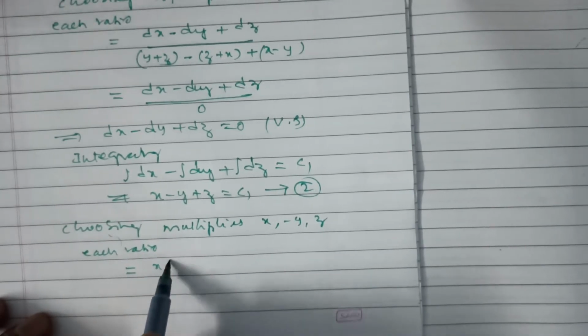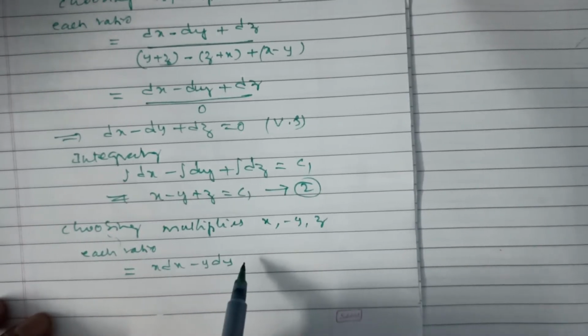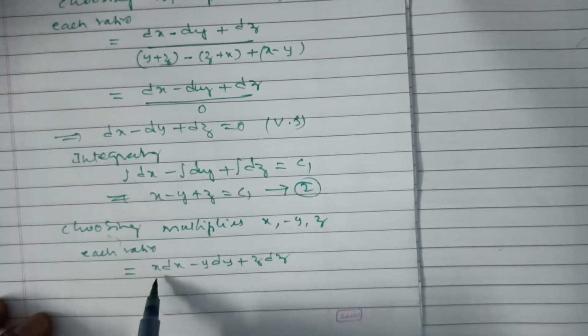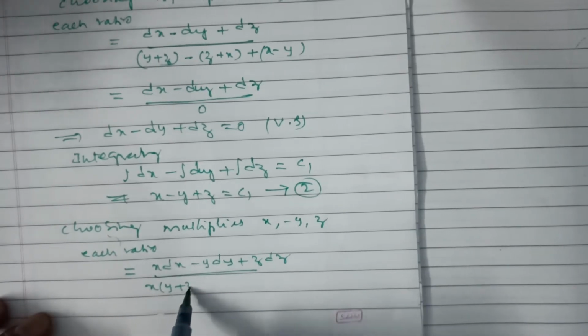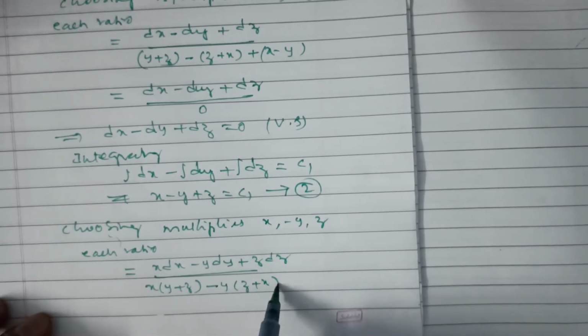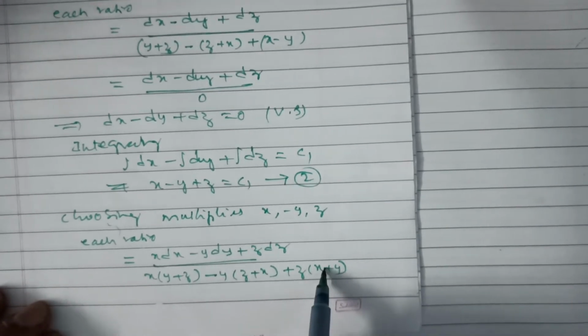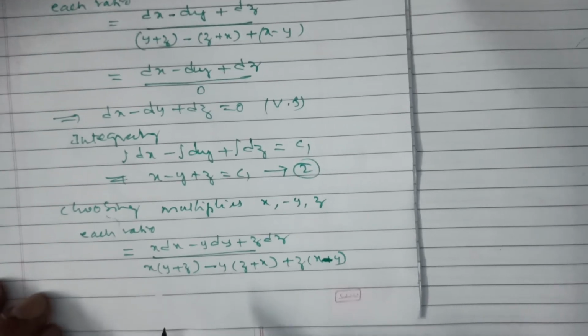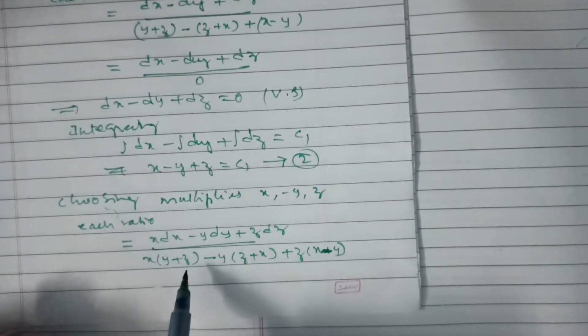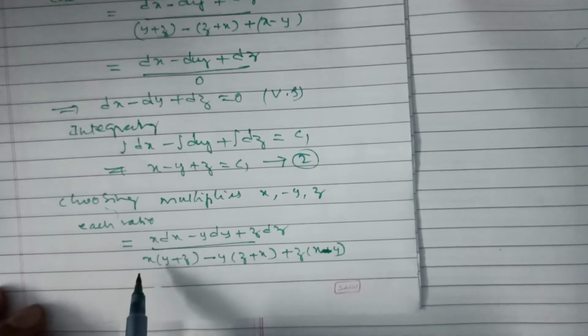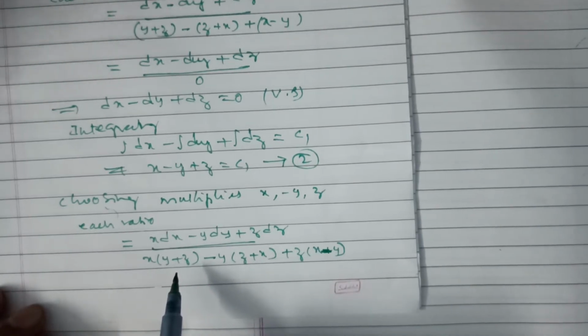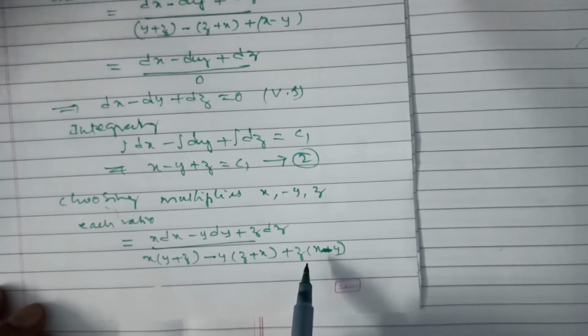is equal to x dx minus y dy plus z dz divided by x into y plus z minus y into z plus x plus z into x minus y. Make this plus zx, here plus zx. Plus xy minus xy is cancelled.